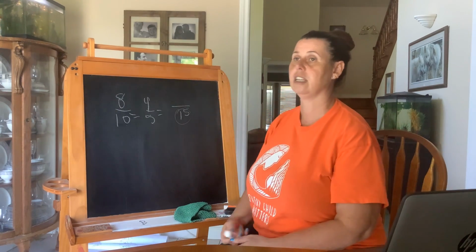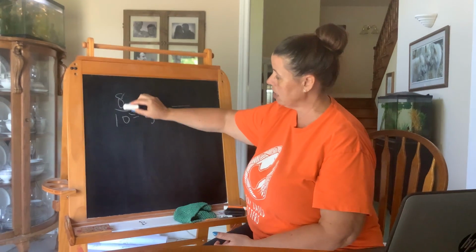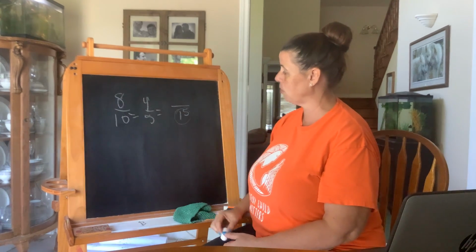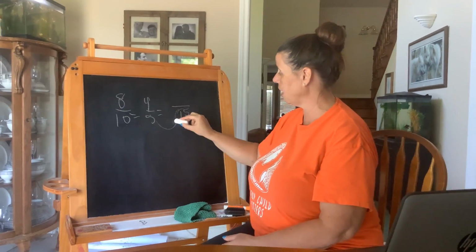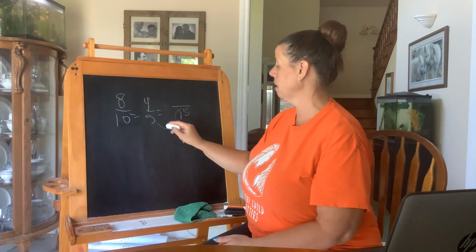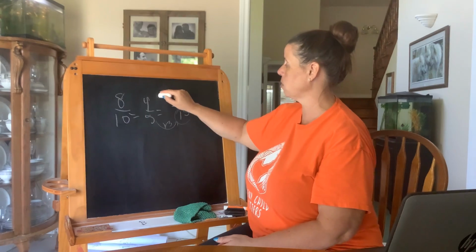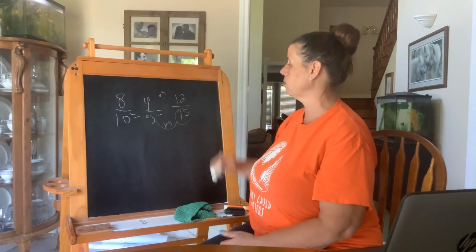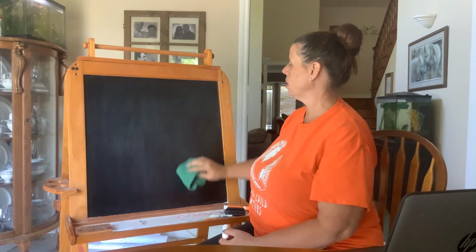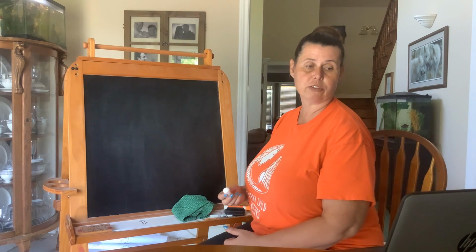So I look at my 10 and go, okay, I could divide these both by 2. 8 divided by 2 is 4, 10 divided by 2 is 5. And then I can get from 5 to 15. How do I get from 5 to 15? Times 3. So times 3 on the top gives me 12. 12/15.